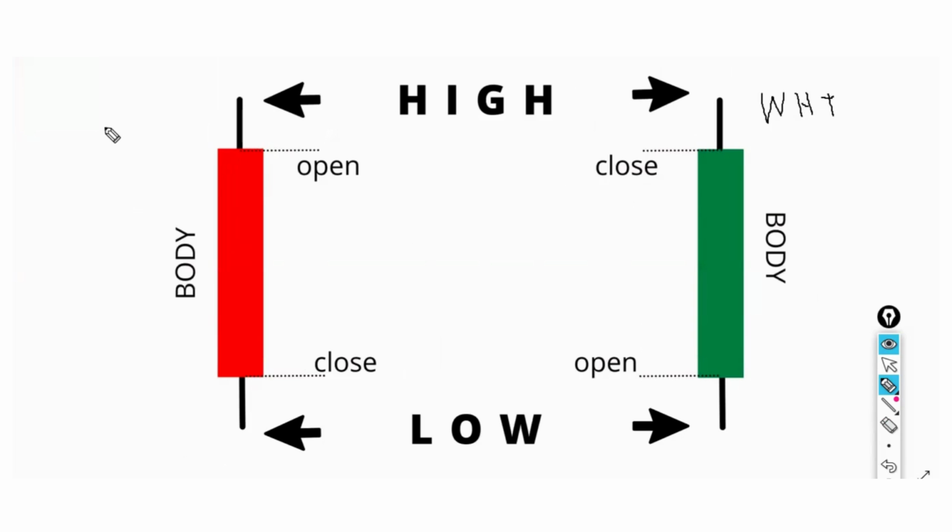The representation will be either with green and red or white and black. So it's all the same. Any white candle and green candle are bullish candles, black candle and red candles are bearish candles.